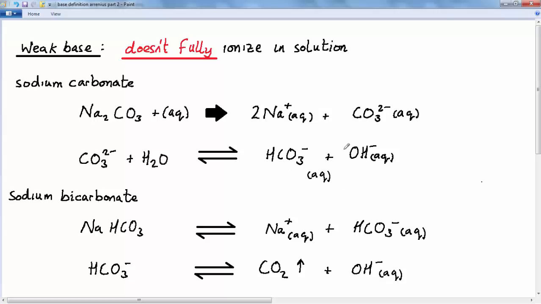So you're going to get a stronger concentration of hydroxide ions with the sodium carbonate than you do with the sodium bicarbonate. For that reason, this has got a higher pH. This pH is round about 11, and the pH of the bicarbonate is round about 8, 9. Anyway, we'll talk about pHs in a later lesson.